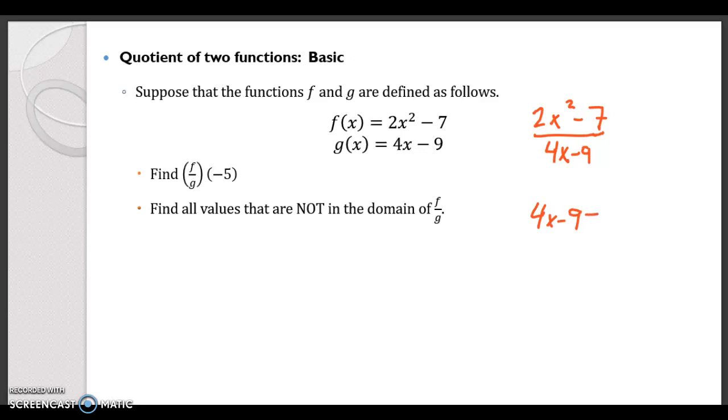Because what happens if that equals 0? Well, we divide by 0 and we can't do that. So let's go ahead and add 9 to both sides. So 4x cannot equal 9. Divide by 4. So x cannot equal 9/4.